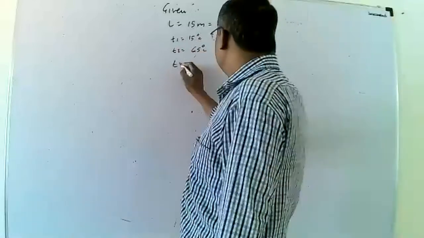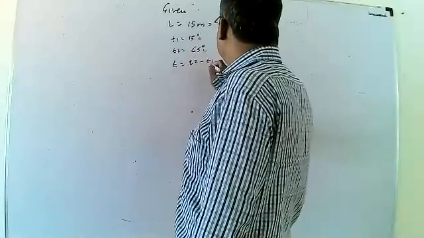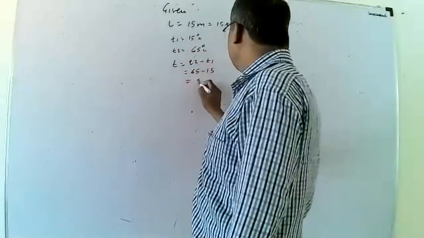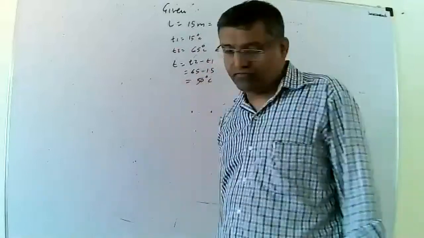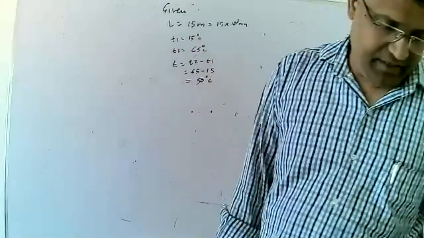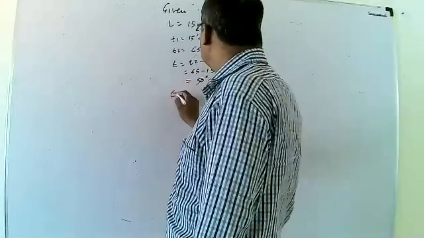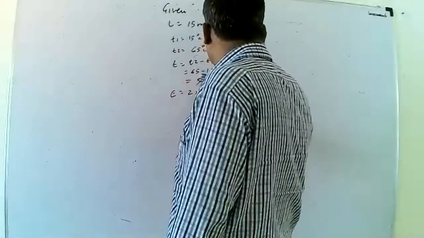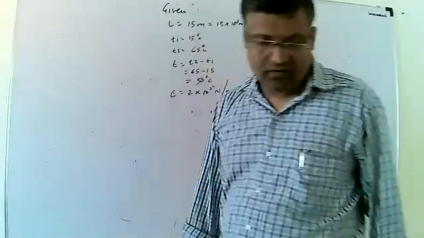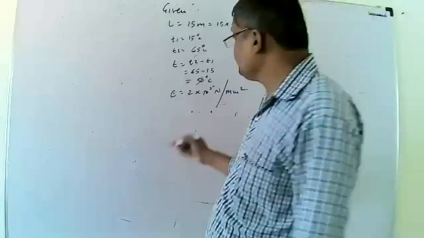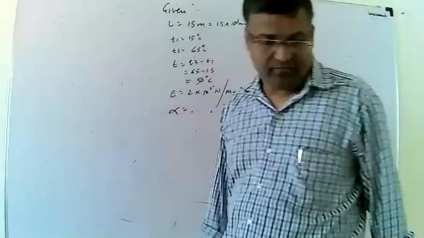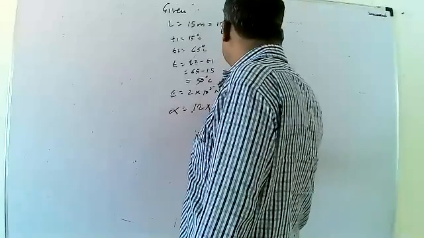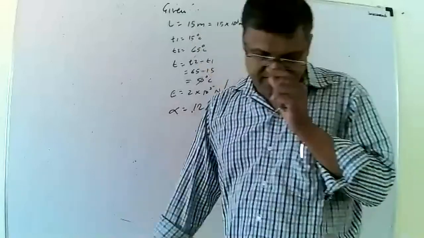Change in temperature, T2 minus T1, 65 minus 15, then you will get 50 degrees Celsius. Then E is equal to 2 into 10 raised to 5 Newton per mm square. Then alpha is given, 12 into 10 raised to minus 6 per degree Celsius.